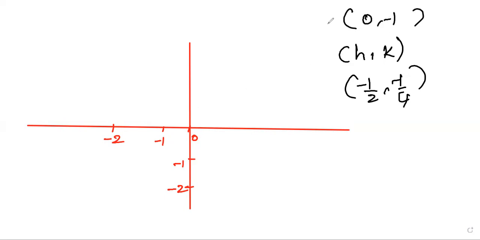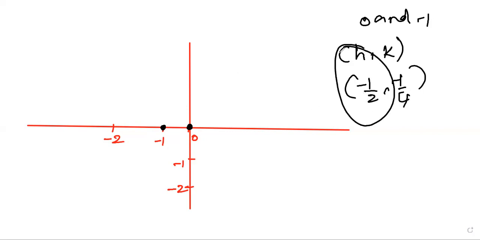I mean, it's not x comma y. The x values are 0 and -1, which means the parabola will pass through here, right? And -1/2 and -1/4, where h is the x coordinate and k is the y coordinate.